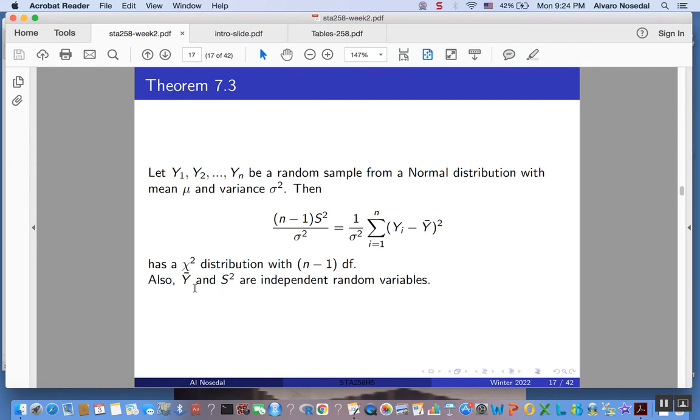Now, note that y bar and s squared are independent. As I said at the beginning, we are not prepared to show that, but we're going to be using it.